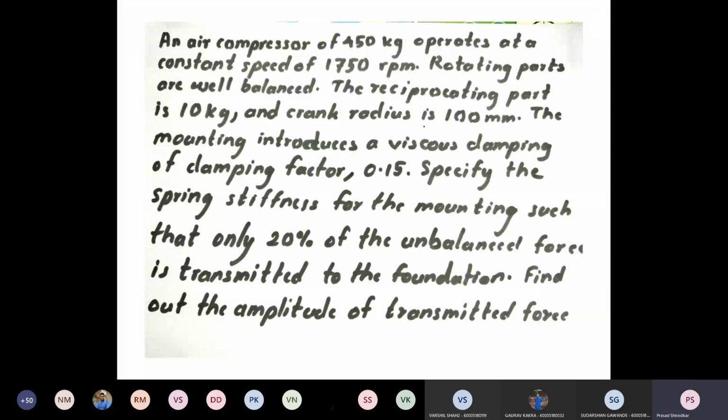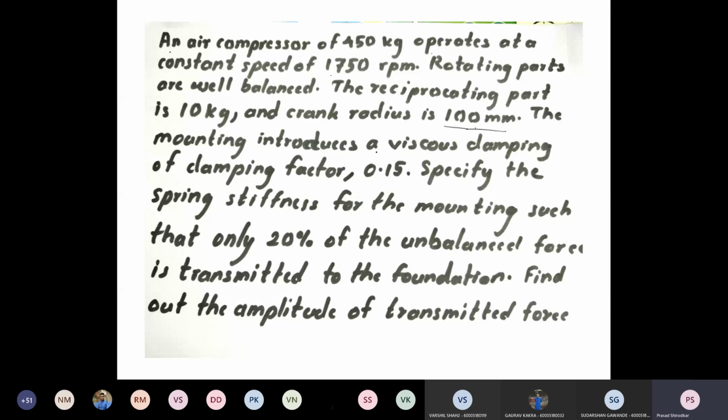All right, so let's read the next question. An air compressor of 450 kgs operates at a constant speed of 1750 rpm. Rotating parts are well balanced. The reciprocating part is 10 kgs and crank radius is 100 mm.